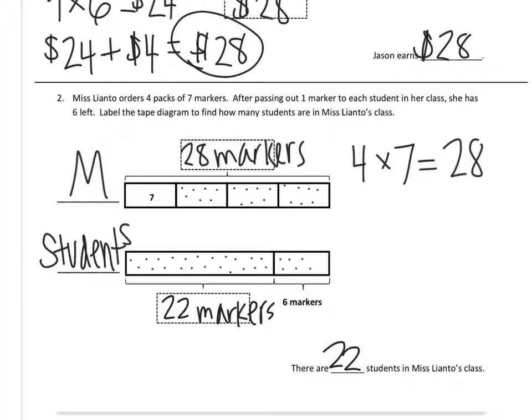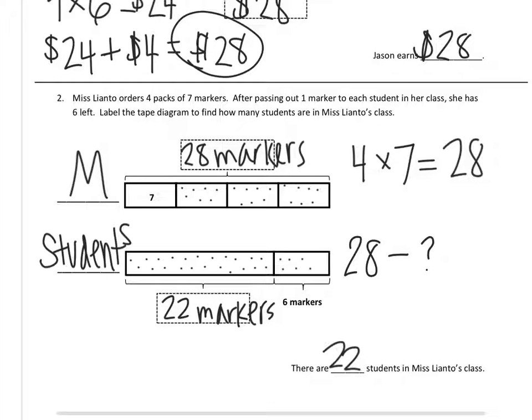How could I have written a number sentence for this bottom tape diagram? Well, I started with 28 markers. I knew that I passed some markers out, so that means I'm subtracting.